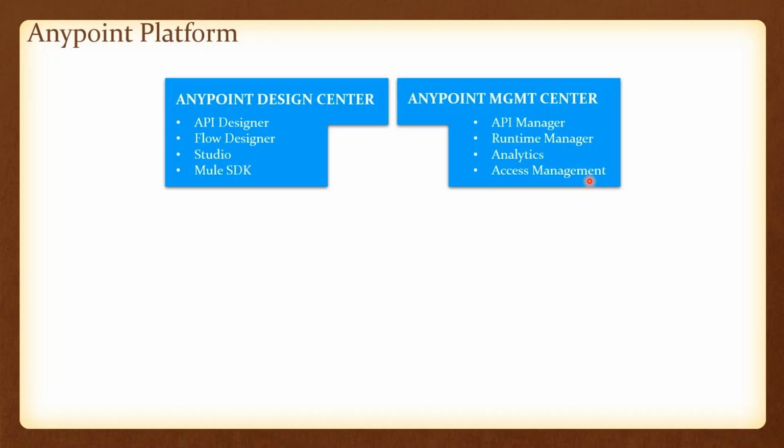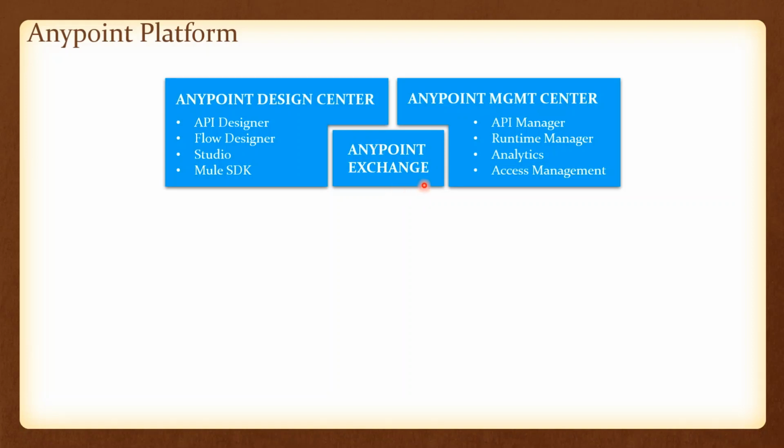Now there is a third component that acts as a link between the Anypoint Design Center and the Anypoint Management Center, and it is the Anypoint Exchange. Any asset like the API or connector templates that we create has to be published to the Anypoint Exchange, and it acts as source control management.